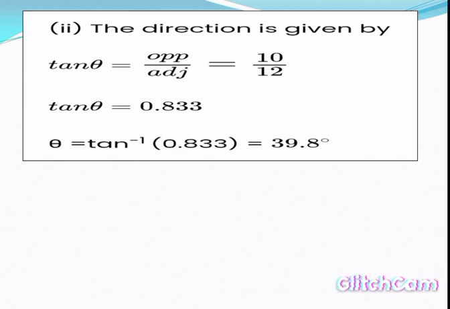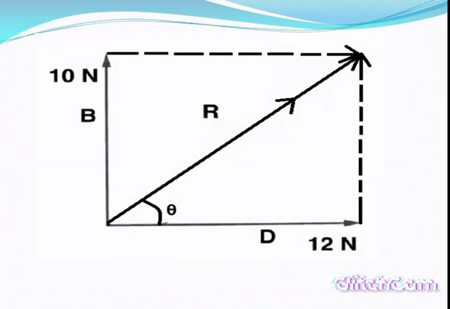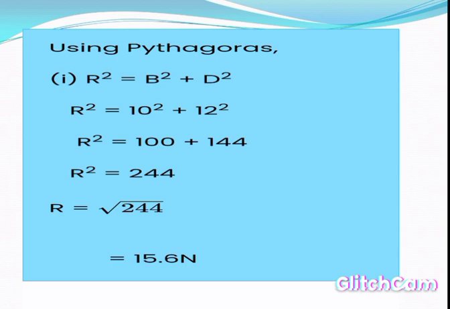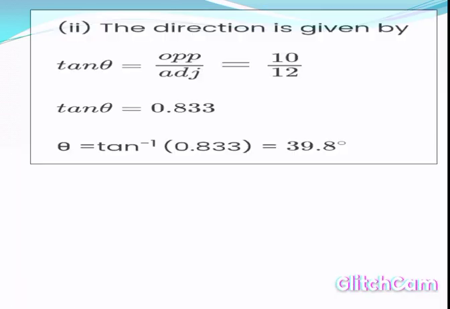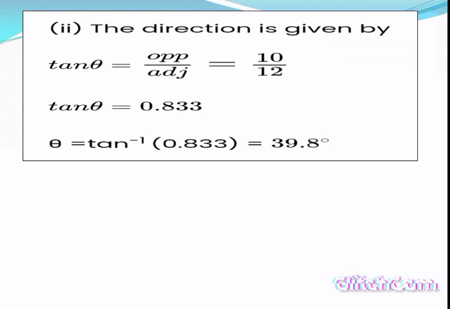So what this simply means, if you go back to the diagram, you will see that theta is the angle that the resultant arrow makes with the vector D. So it therefore means that the magnitude of the resultant arrow is 15.6 Newton with an angle equal to 39.8 degrees to vector D. So that is the resultant of those two vectors.